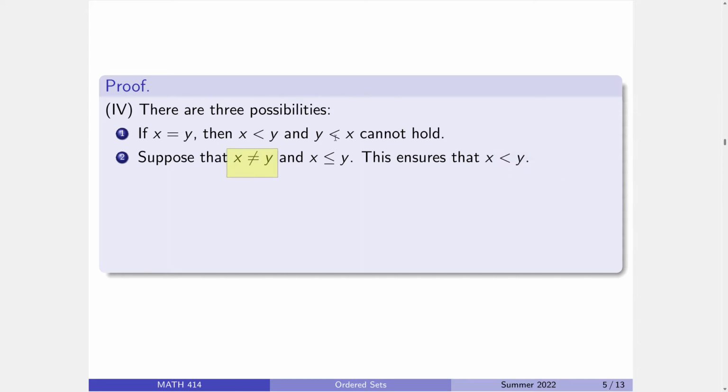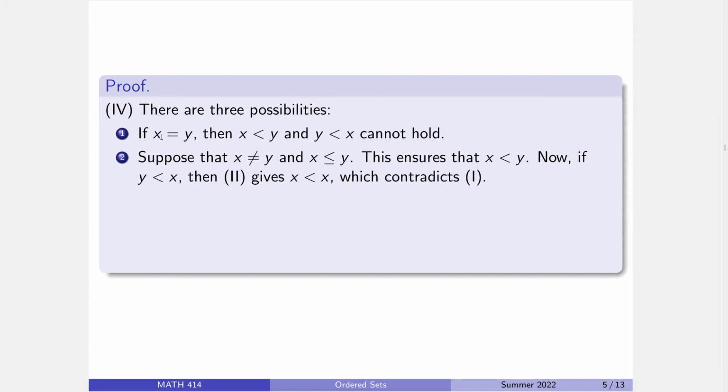The only thing I need to do now is verify that y can't be strictly less than x, and like I said, if that does hold, then 2, by transitivity, would give me x is strictly less than x, which contradicts point 1. So, like I said, you'll be shocked how often you actually use that very intuitive fact, but again, we're building from the beginning, so it needs to be proven.